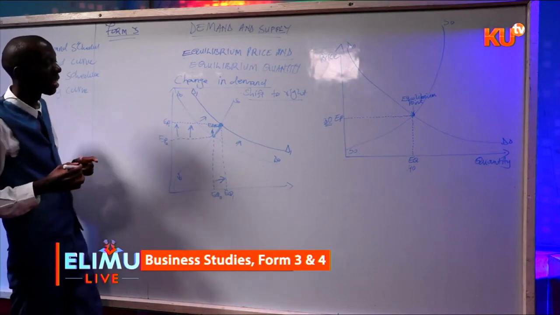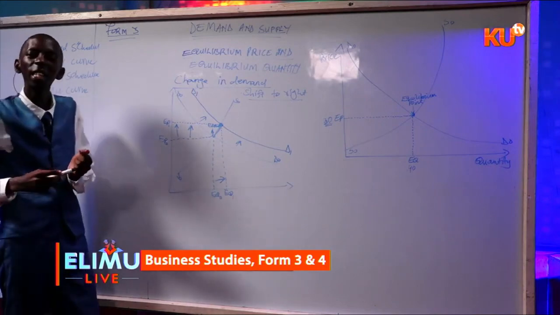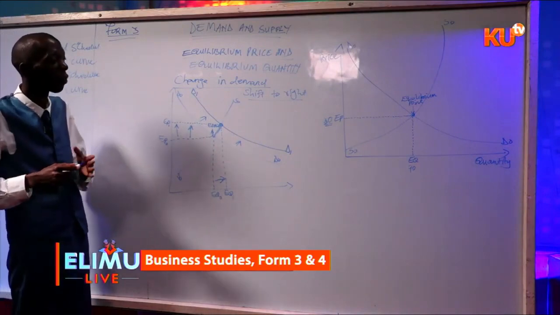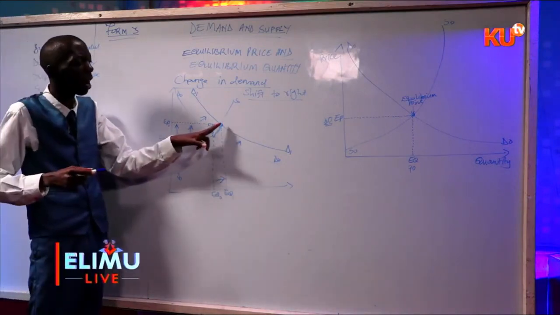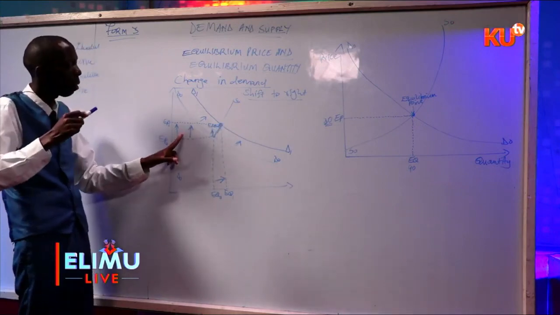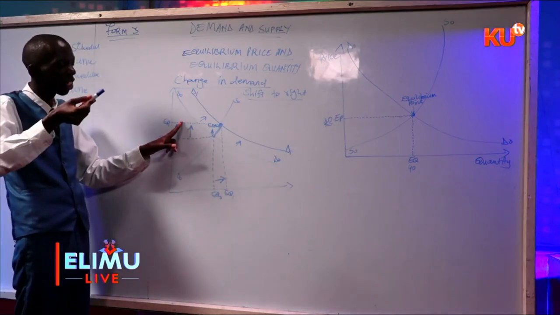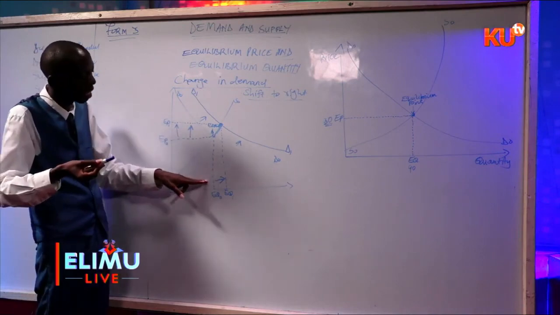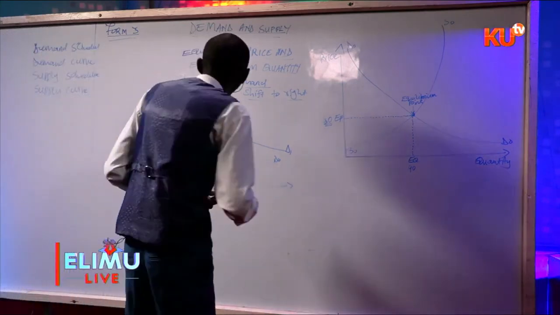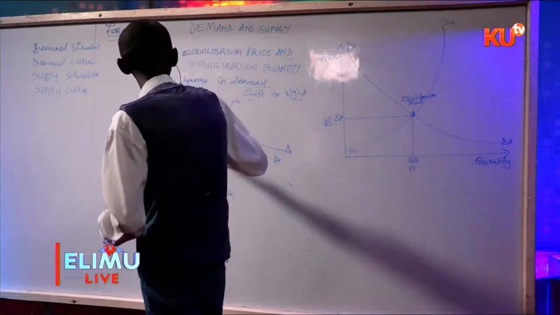That is the effect of a shift in the demand curve to the right on the equilibrium point: upward and to the right, equilibrium price upward showing an increase, equilibrium quantity to the right showing an increase in the quantity.